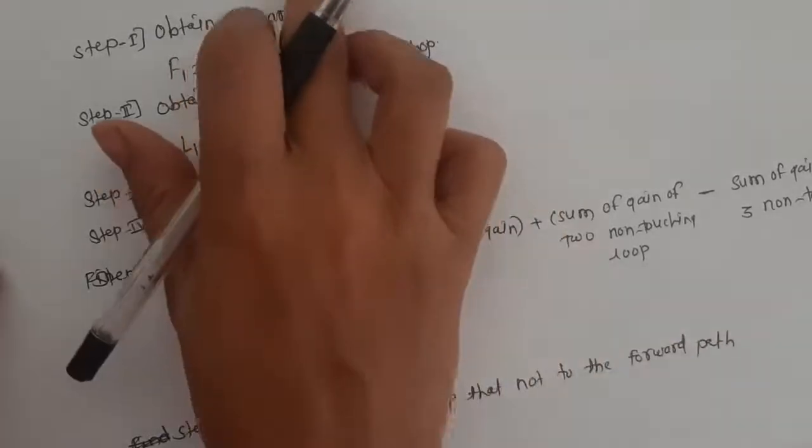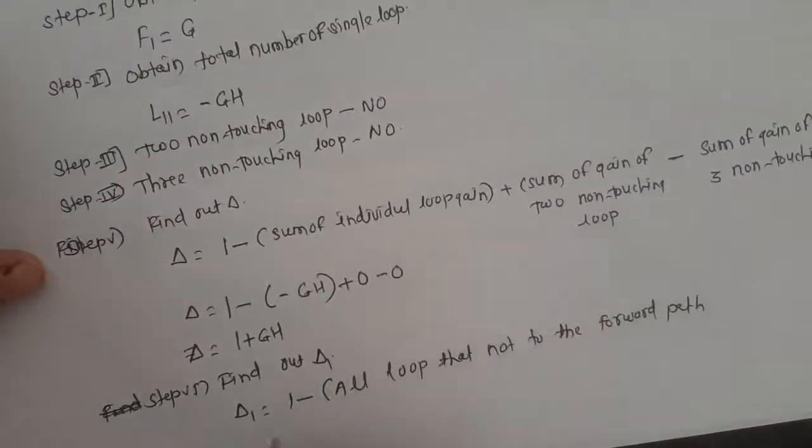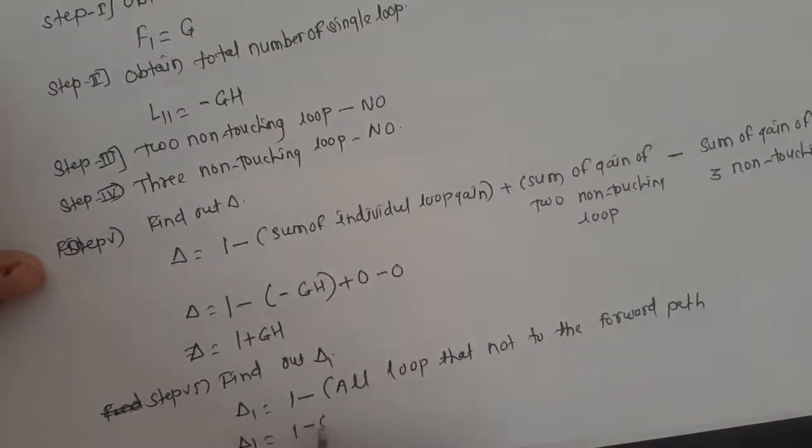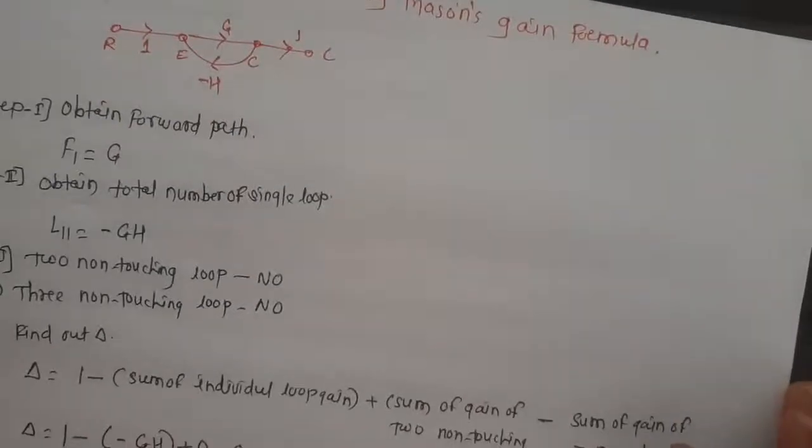Here only one loop is present, but that loop touches the forward path. So the value of Del 1 will become 1 minus 0, so the value is 1.